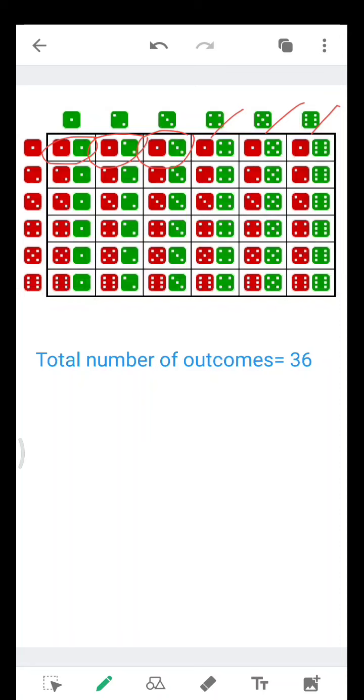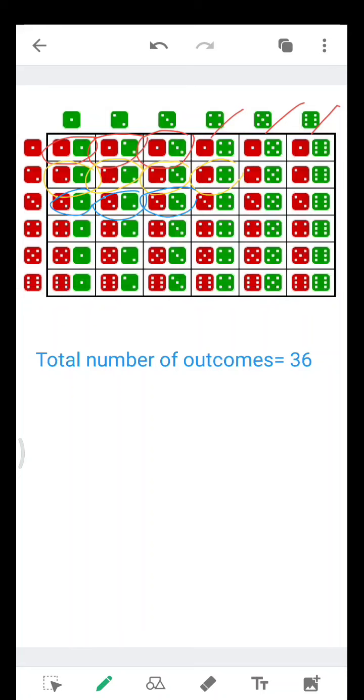Then we may get 2 comma 1, that is 2 on the first and 1 on the second, 2 comma 2, possible, 2 comma 3, 2 comma 4, goes on till 2 comma 6. Then we have the next line, that is 3 comma 1, 3 comma 2, 3 comma 3.